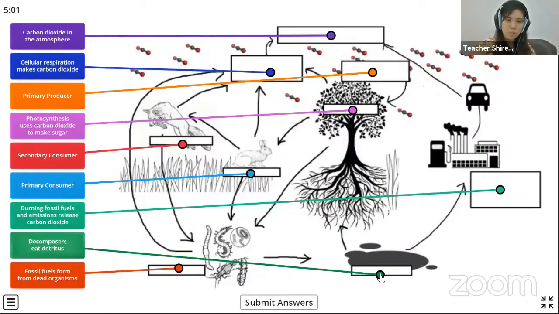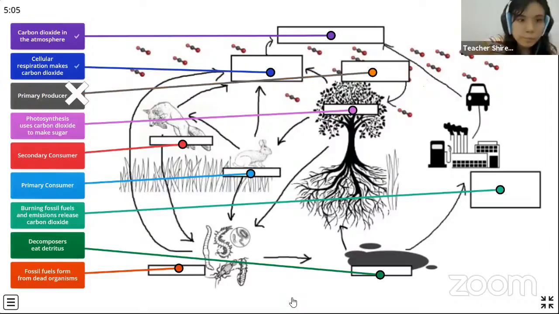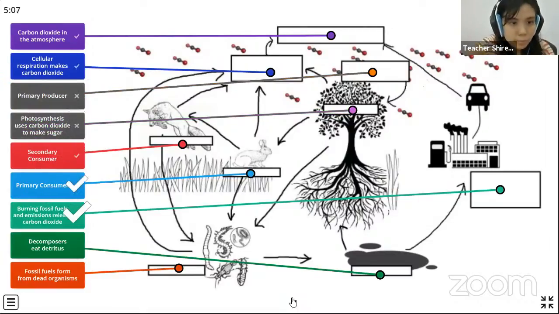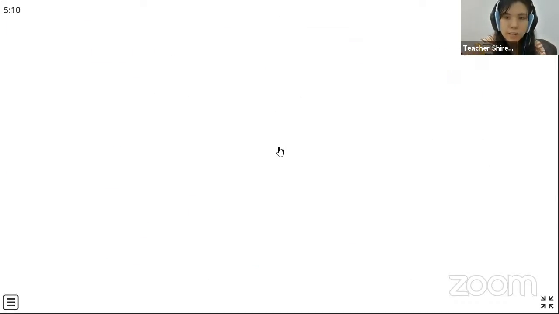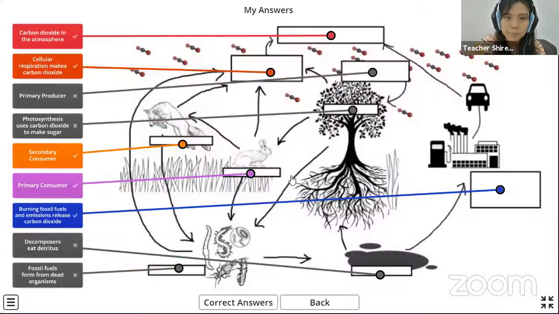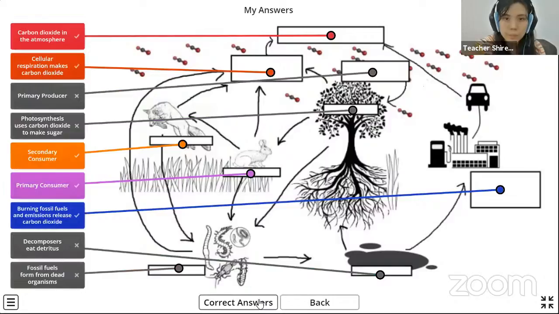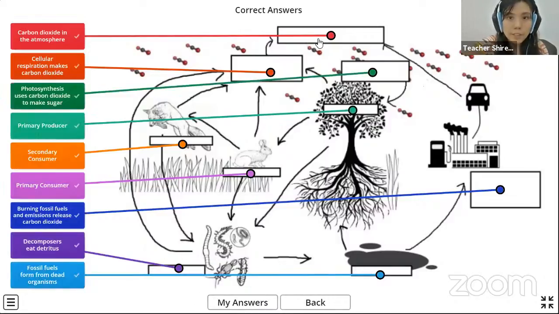Okay, let's just show all together. So where should we start? Start from the plant first, okay? The plant is the one that produces food, so that's why it's called producer.